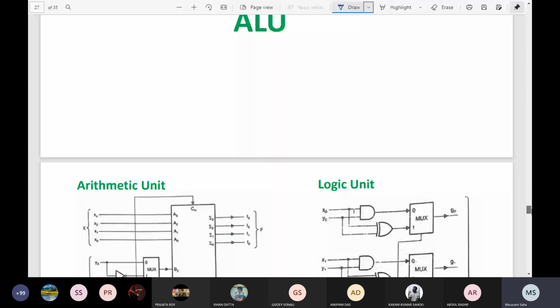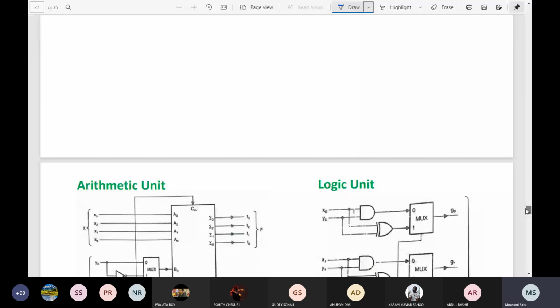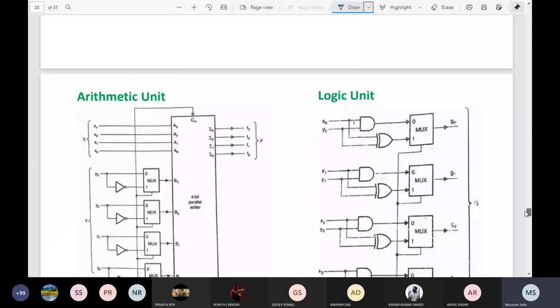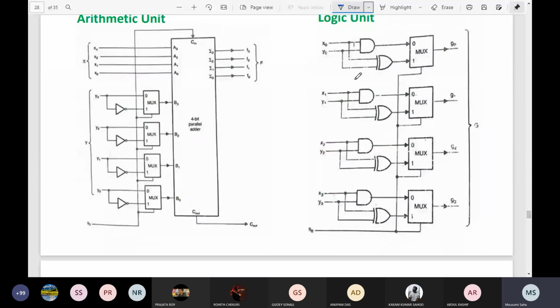Okay, another very simple design I want to explain. It is known to you. You have done it in the last semester in the digital electronics class, but here it is designed in a different way. That is the ALU design. In your last semester, what you have done is the arithmetic logic unit design.